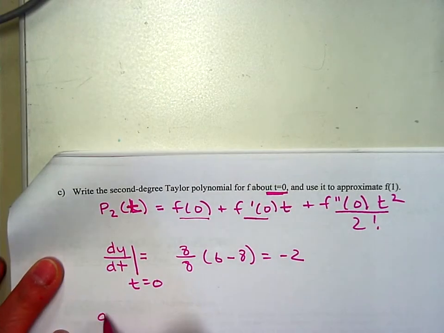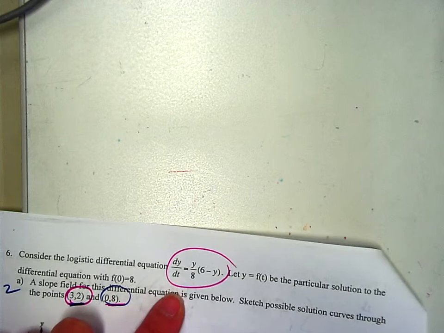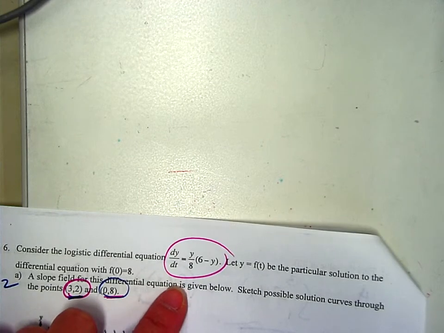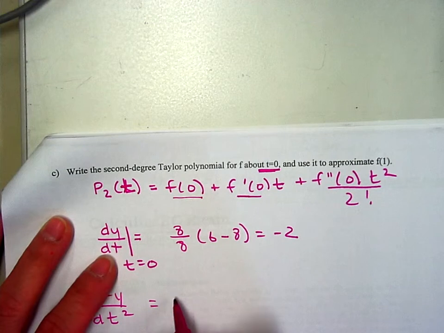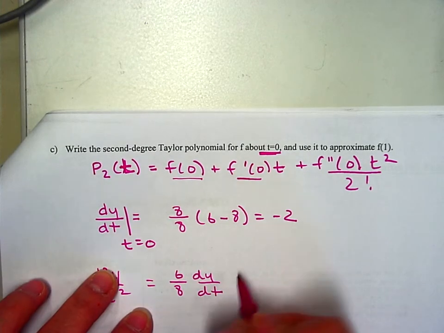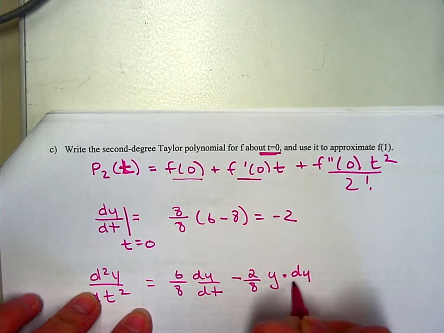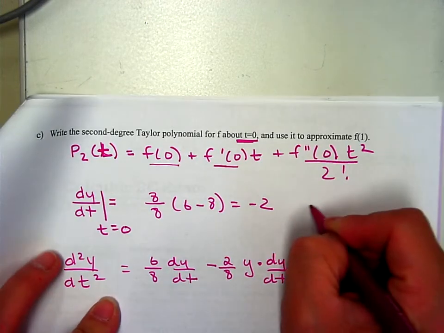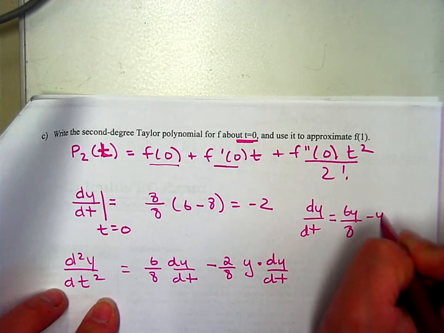My second derivative, I will need to calculate. I'm going to go ahead and use the first derivative and take the derivative of this. So my second derivative is going to be 6/8 times dy/dt minus 2/8 y times dy/dt. And before I actually calculated the second derivative, I went through and multiplied it out.